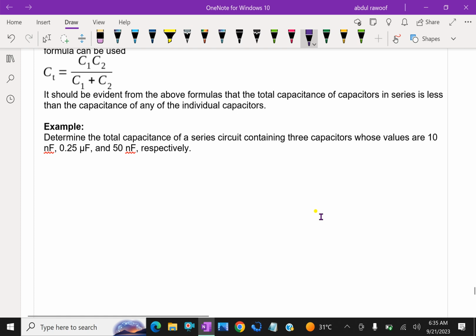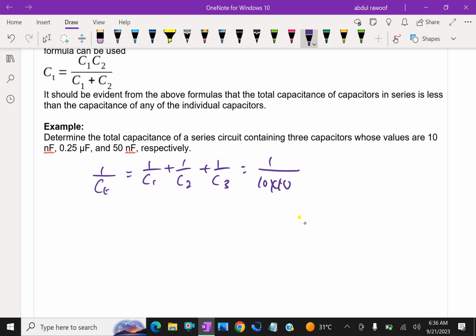We know that in a series circuit, 1 over total capacitance CT equals 1 over C1 plus 1 over C2 plus 1 over C3, which equals 1 over 10 into 10 to the power minus 9, the first being 10 nanofarad, plus 1 over 0.25 into 10 to the power minus 6, that's micro, plus 1 over C3, which is nano, 50 into 10 to the power minus 9.